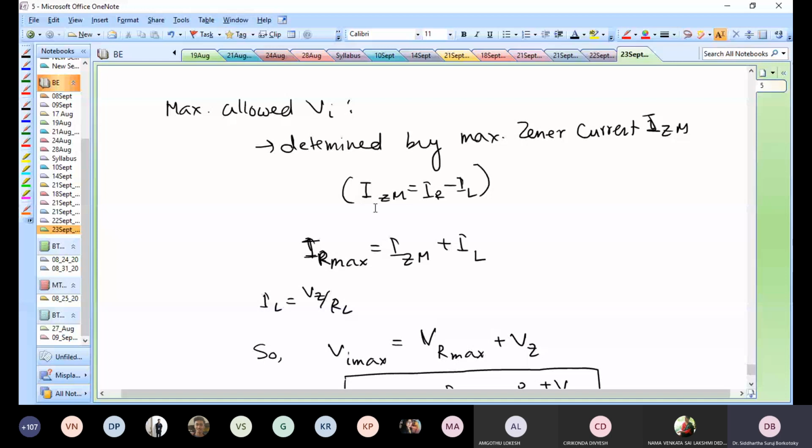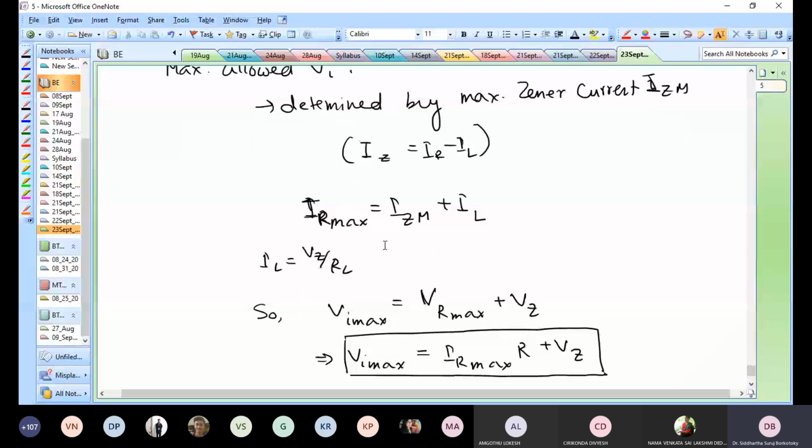The Zener current is just IR minus IL, right? That is what we have already established. So what is IR max? IR max is IZM plus IL. As IZ increases, IR increases as well. IL does not change. So remember, IL is fixed.